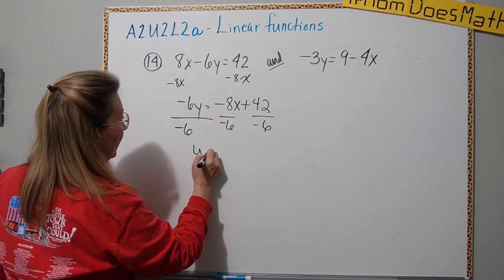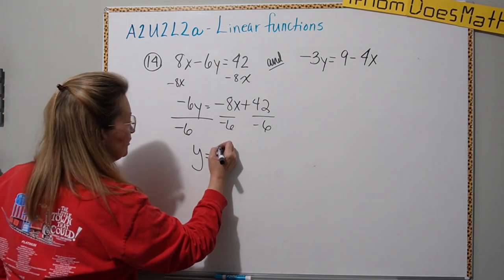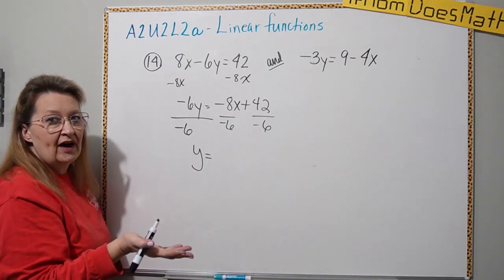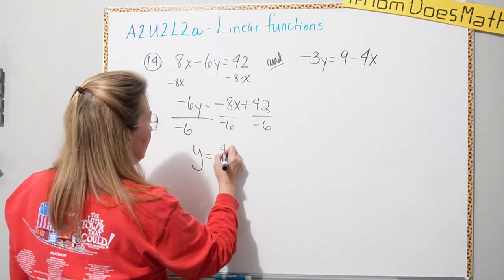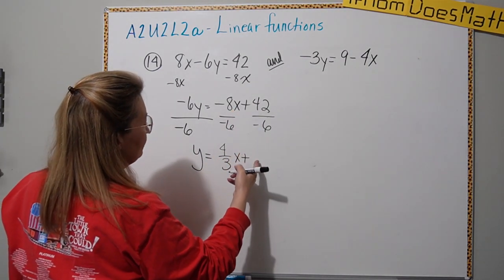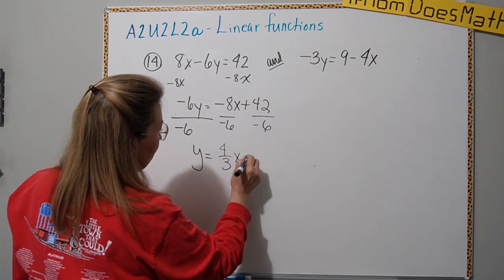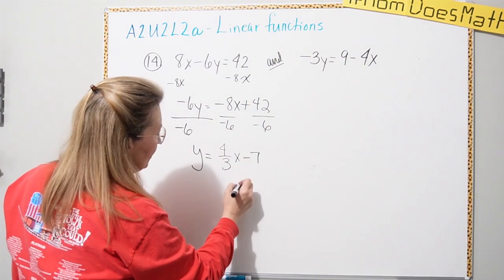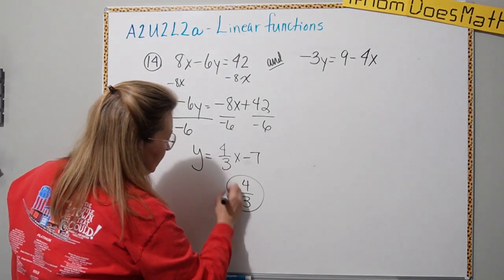So now I have y equals, all right, negative over negative is positive, and I'm going to go ahead and reduce 8/6. You can divide both of those by 2 and get 4/3 x plus 42 divided by negative 6. Well, that's going to be minus 7. All right, up here, so our slope here is 4/3.